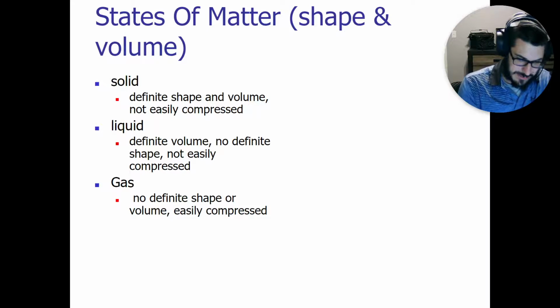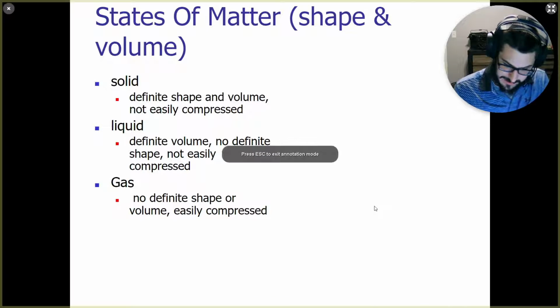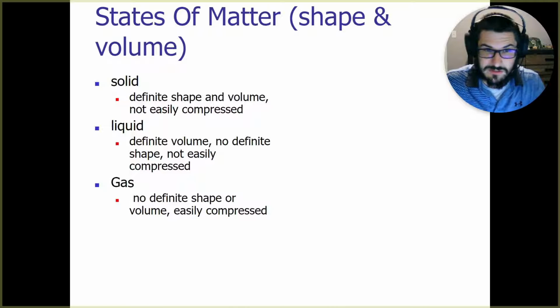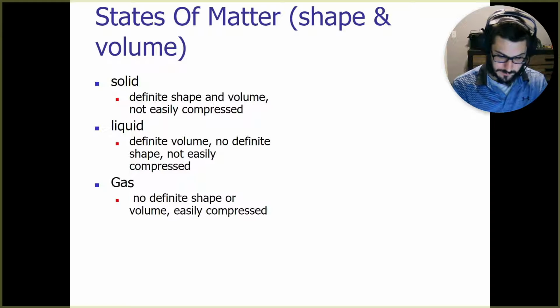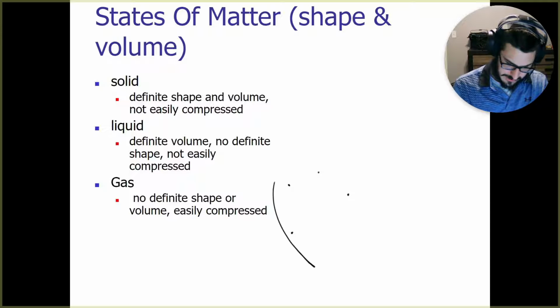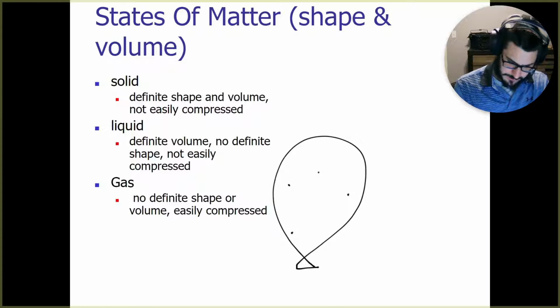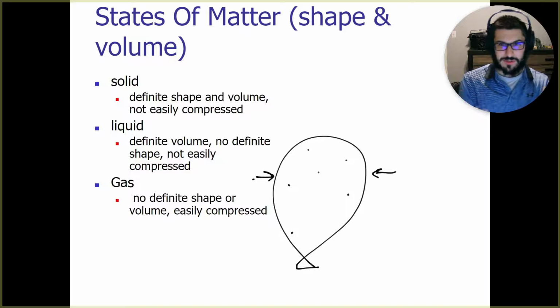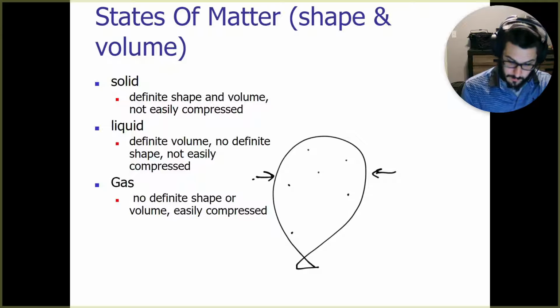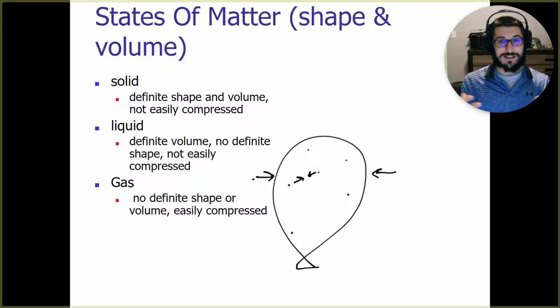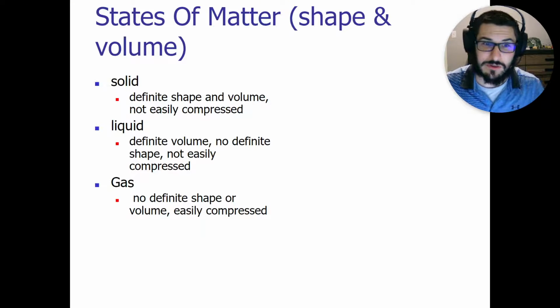It is easily compressed because if you're thinking about that, where are those gas particles? How close are they? Well, if we're looking at a balloon, they're pretty far apart. So if I push on this, what could probably happen to those gas particles? We could get them closer together. So then you can compress it. You can push those together more closely.